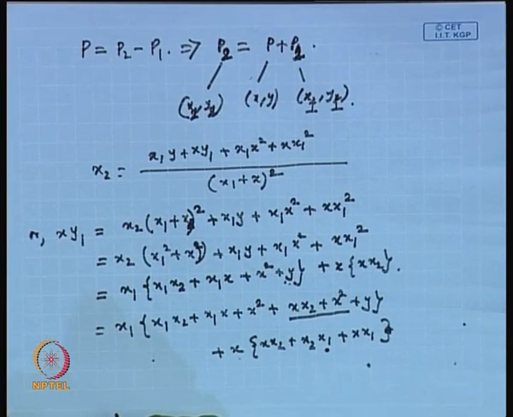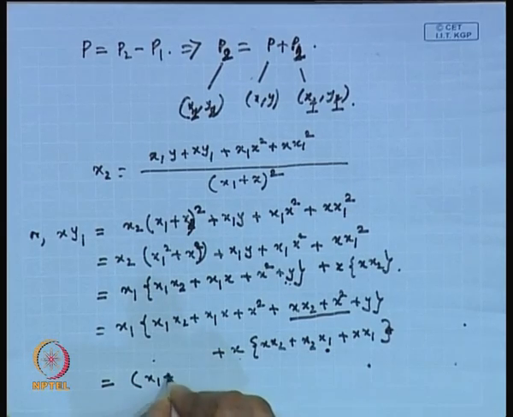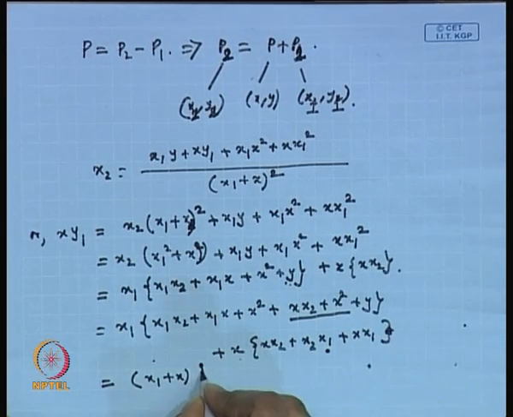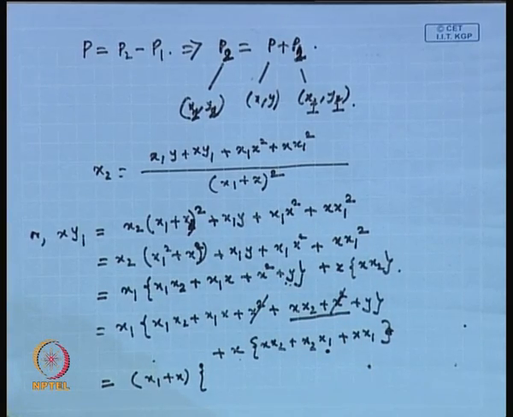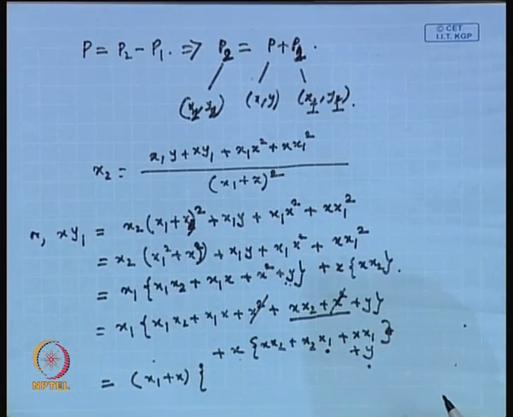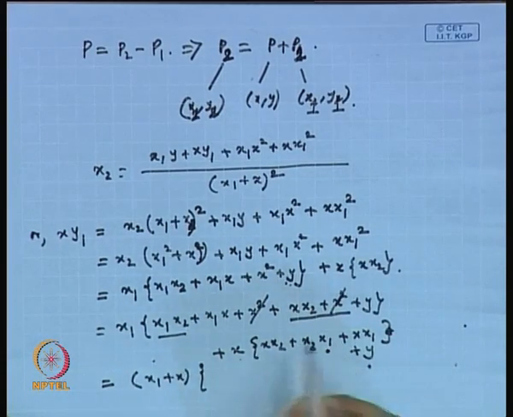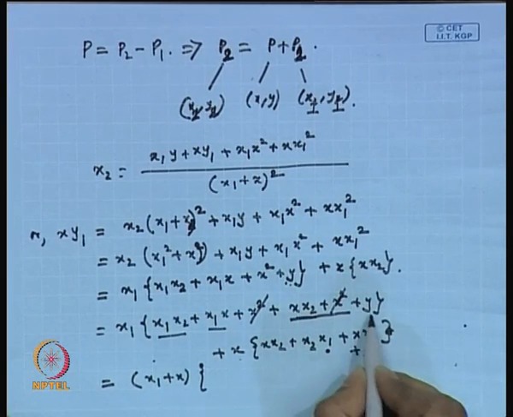So, that you can write as, if you take x 1 plus x common. So, you see that here x square and x square will get cancelled out, okay, and there is an additional plus y term here. So, if you see that this one is x 1 into (x 2 plus x 1 into x plus x 2 plus y).